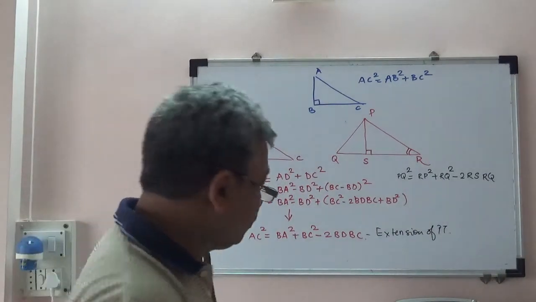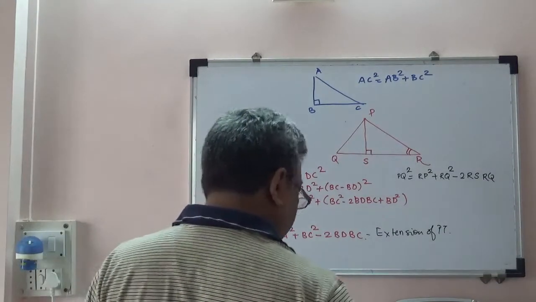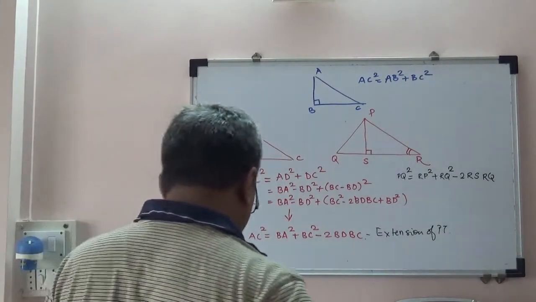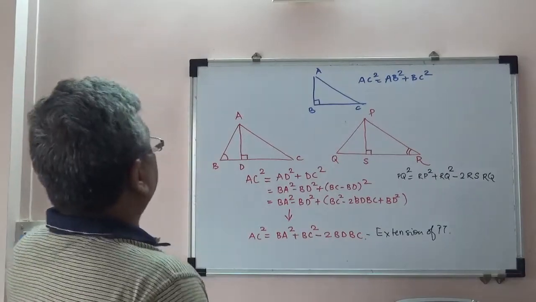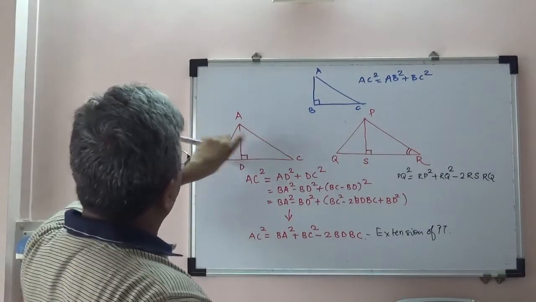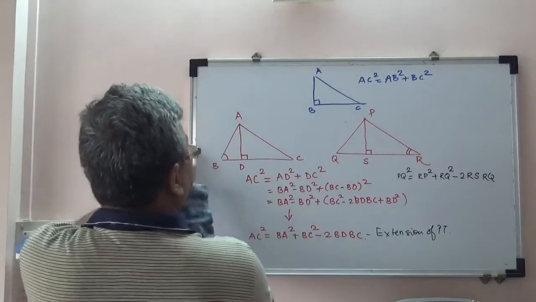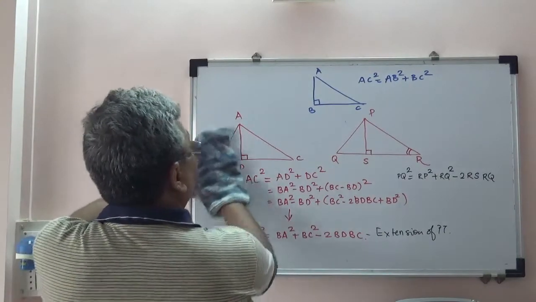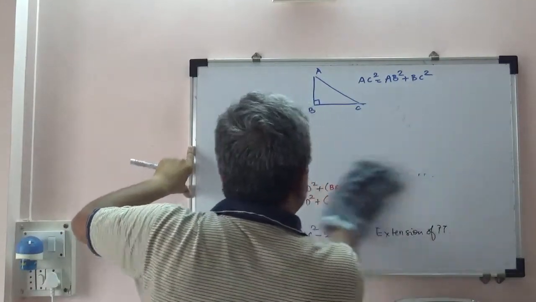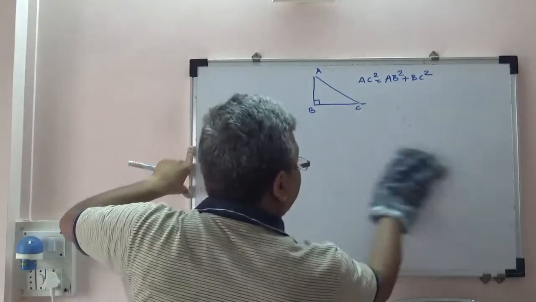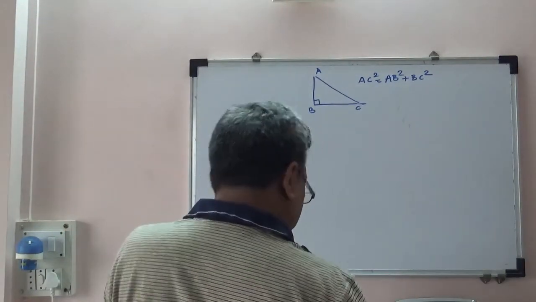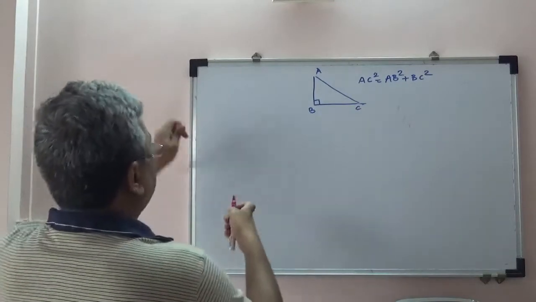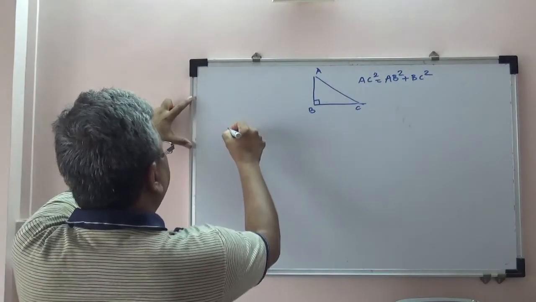Now, if we have done something for acute angle B, similar work we should do for obtuse angle. So instead of rotating it towards C, if we rotate it outside, then distance AC is bound to be bigger than in a right angle triangle. Once we do acute, obtuse we expect students to do independently.